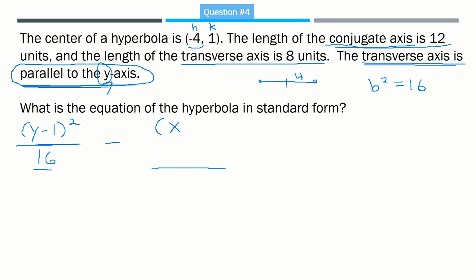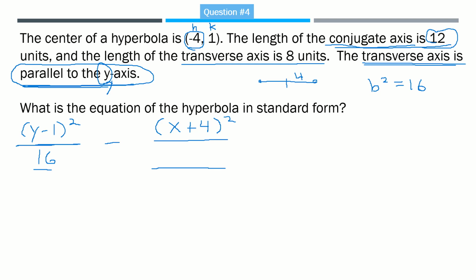And x is negative 4 in our center. Our h is negative 4. So x minus negative 4 would be x plus 4 squared over, and the length of the conjugate axis is 12.